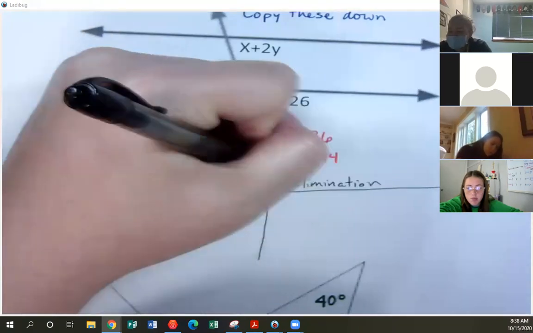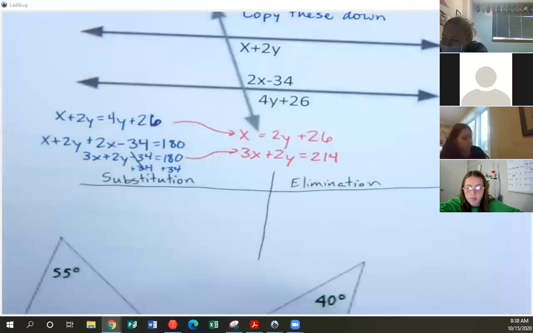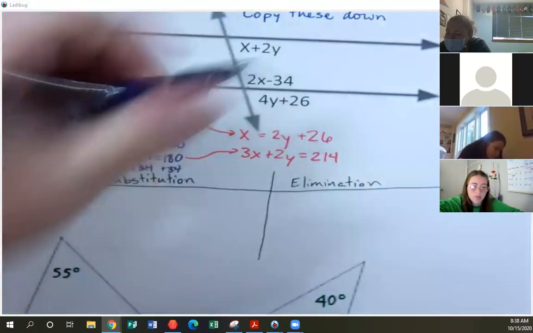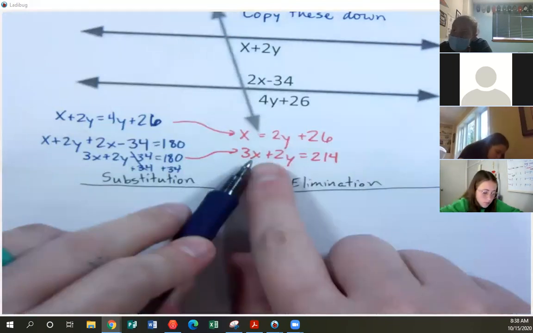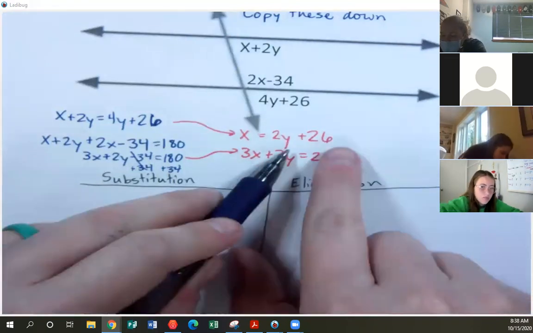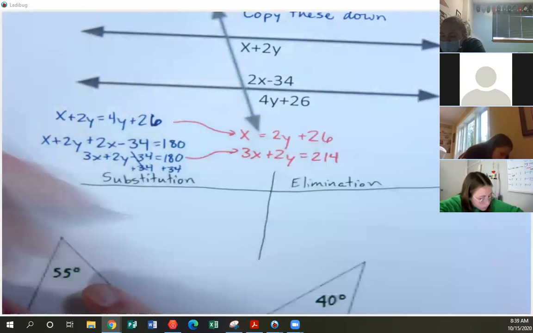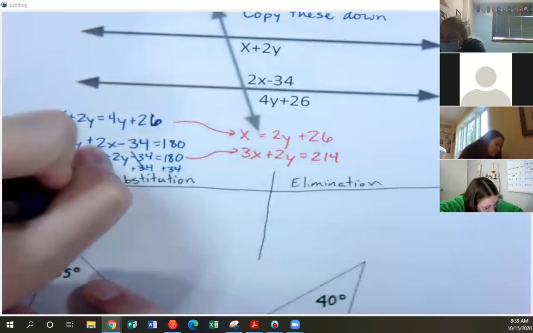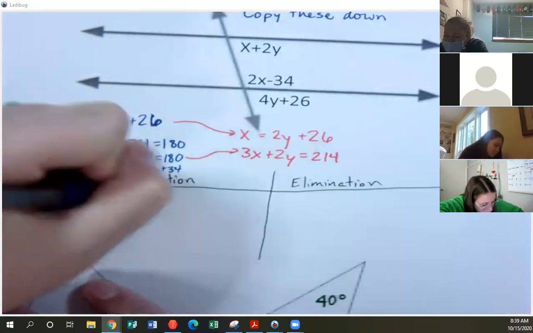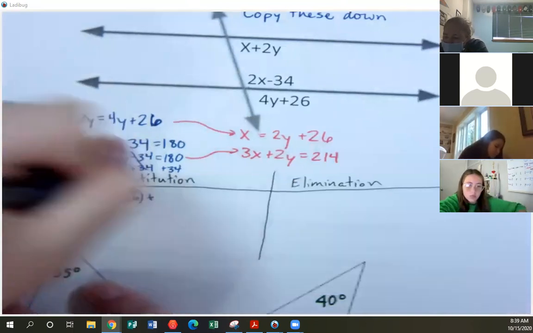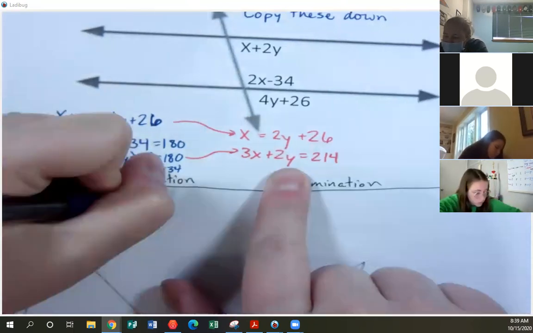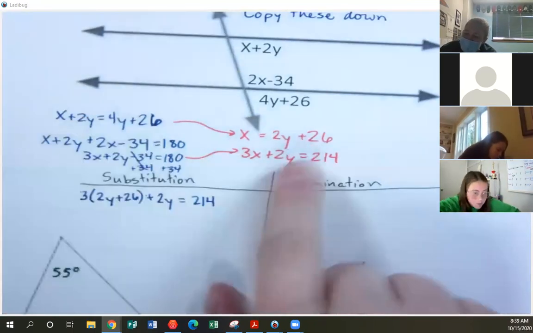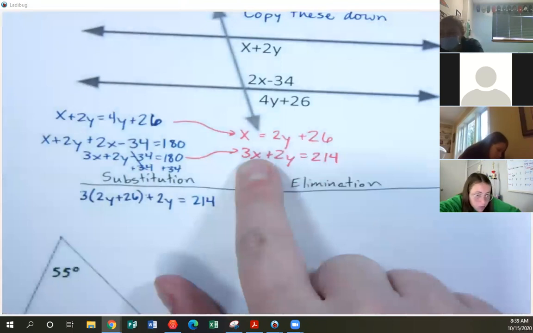So substitution: I'm going to take this and plug it in for x. Instead of writing x in this equation, I'm going to write this 2y plus 26. So 3 times (2y plus 26) plus 2y equals 214. I substituted, instead of writing x, I wrote 2y plus 26.